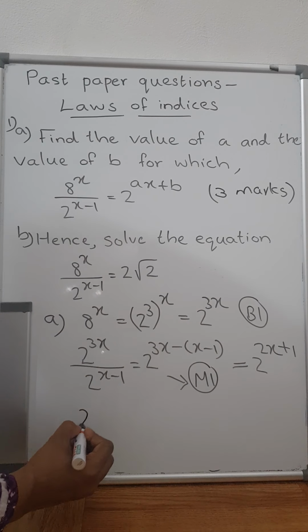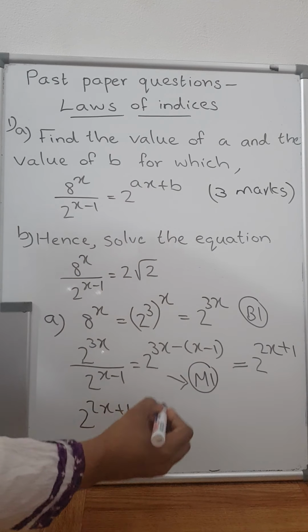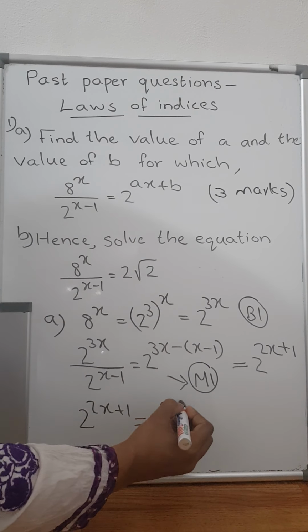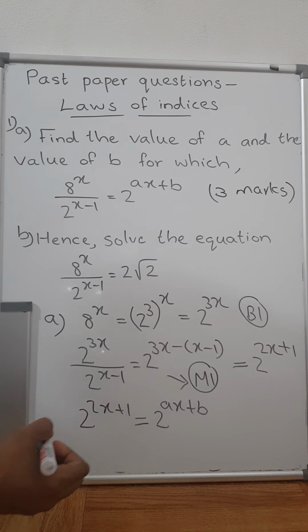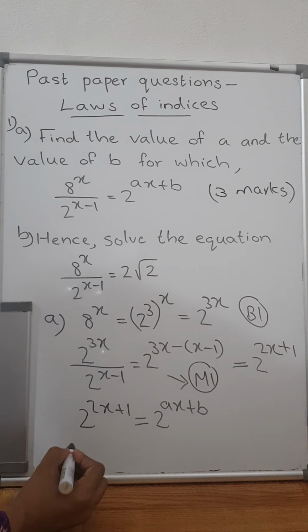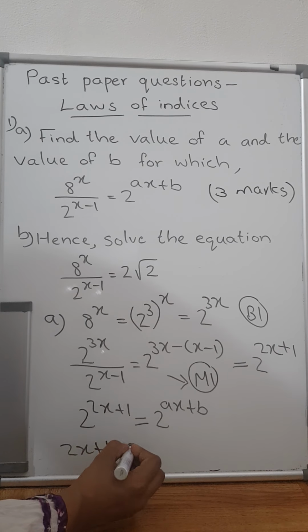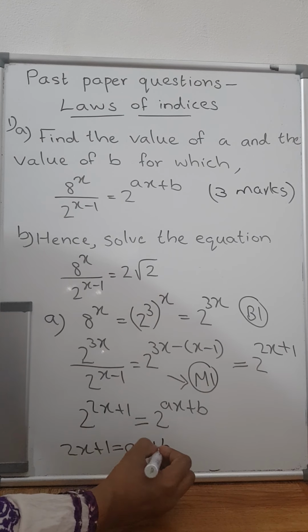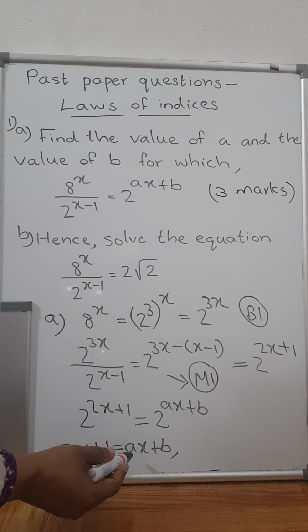So 2 to the power 2x plus 1 is equal to 2 to the power ax plus b. Since the bases are the same, the powers must be same. So 2x plus 1 is equal to ax plus b. On comparing coefficients of x, we can see a is equal to 2.